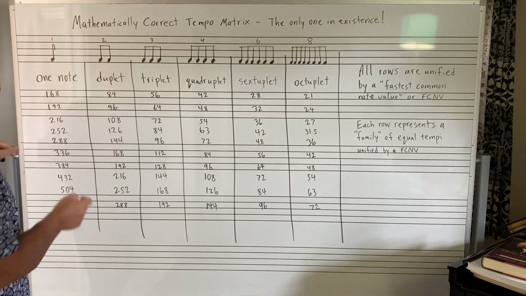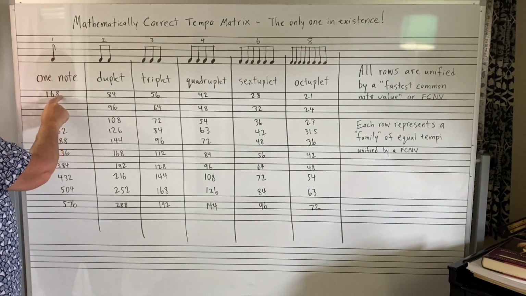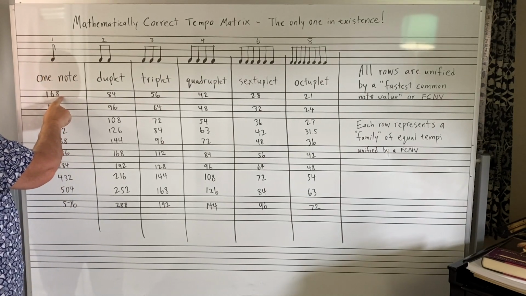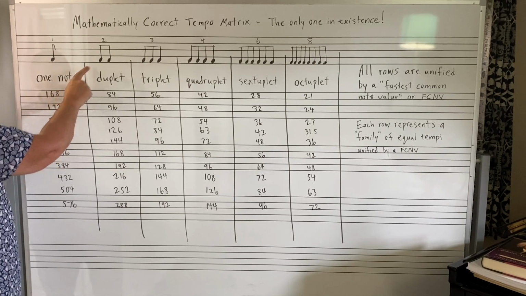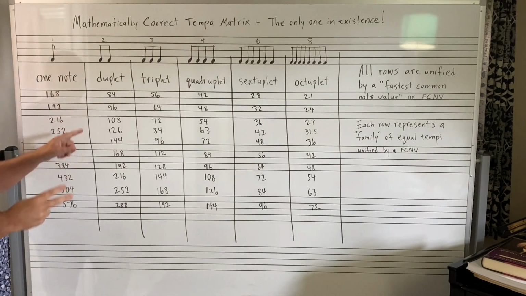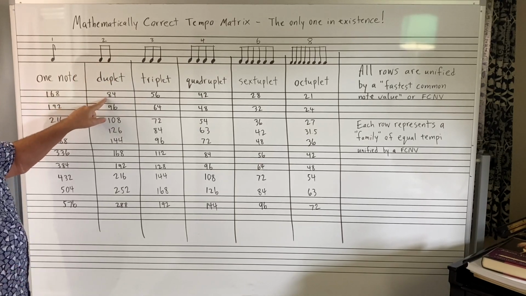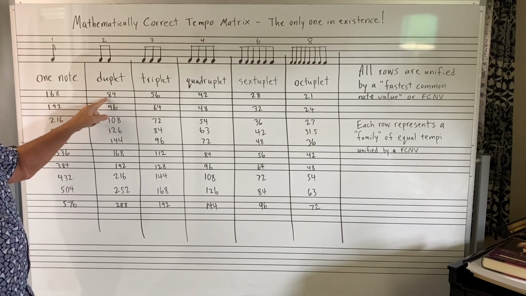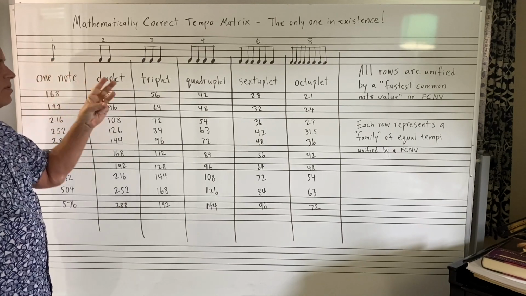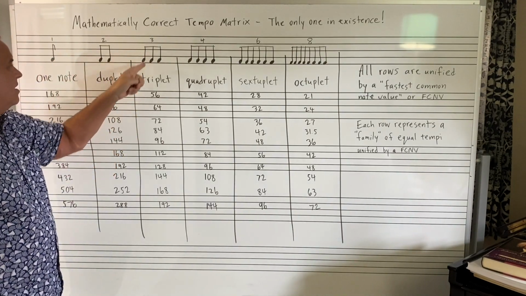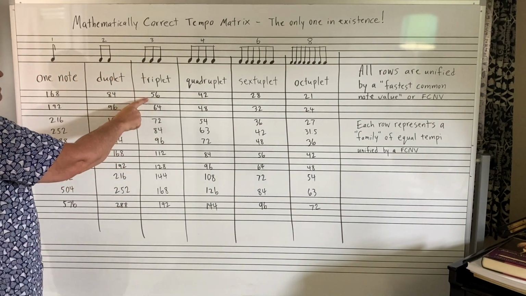So if you take one note at 168 beats per minute, and then you group two of them together, then the resulting beat of those two notes is 84. It's simply half of 168. If you take three of these and group all three of those together, then it results in 56.